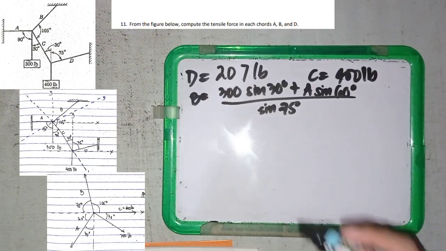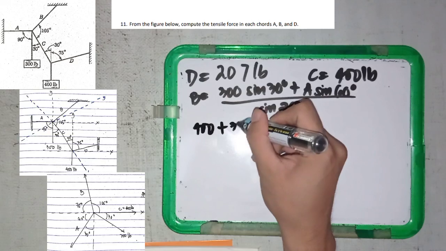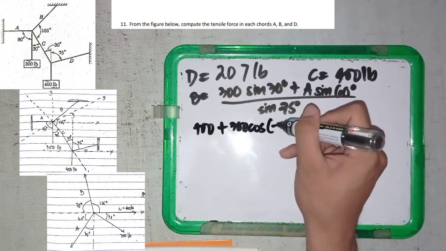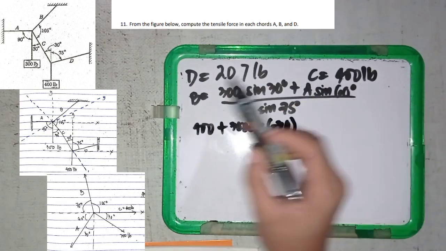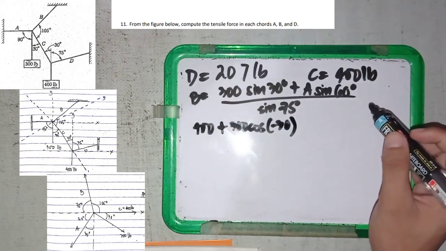Next, we have here 400 pounds plus 300 cosine negative 30, since we plug b into the x summation earlier.